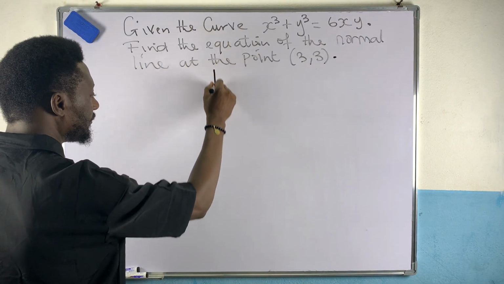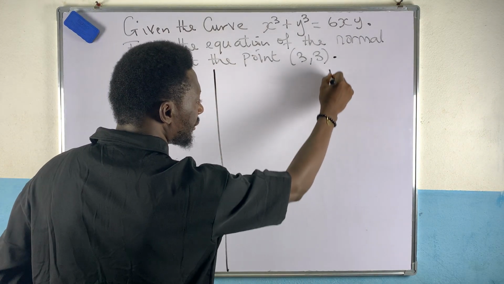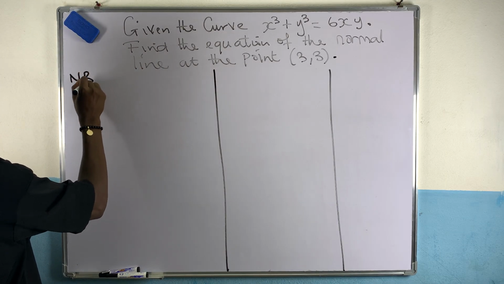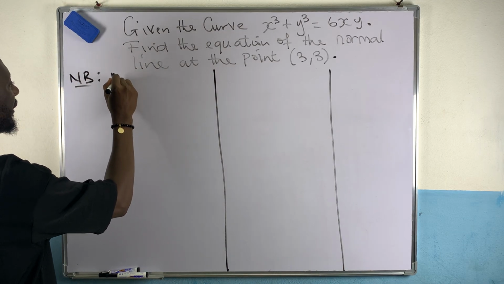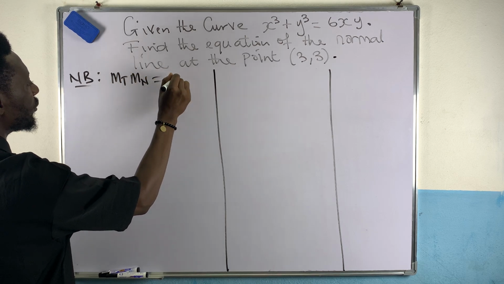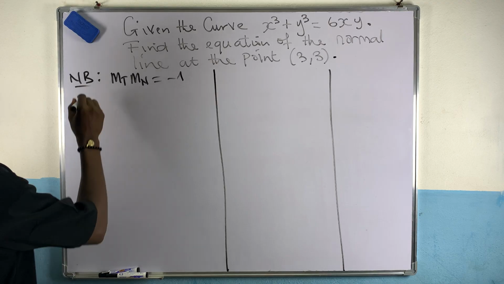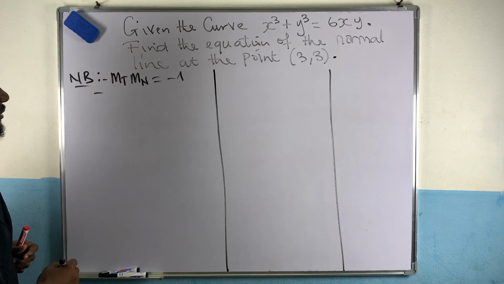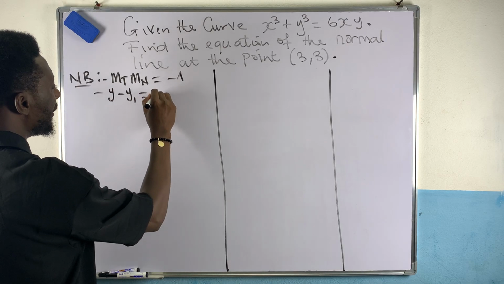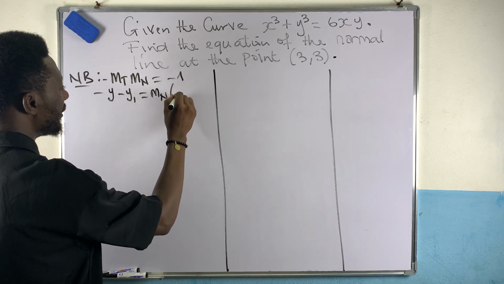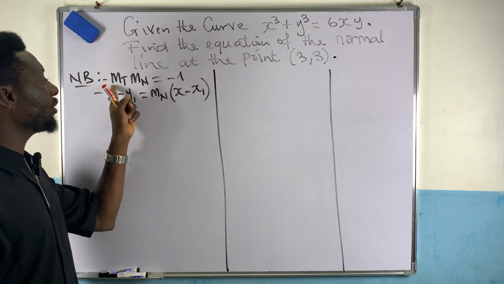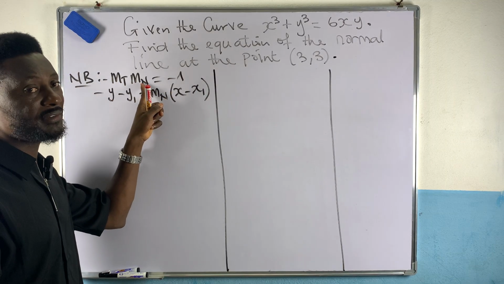So we note that the gradient of the tangent times the gradient of the normal should equal -1. You should also note that y minus y1 should be equal to the gradient of the normal times x minus x1. So this is the relationship between the gradient of the tangent and the gradient of the normal.